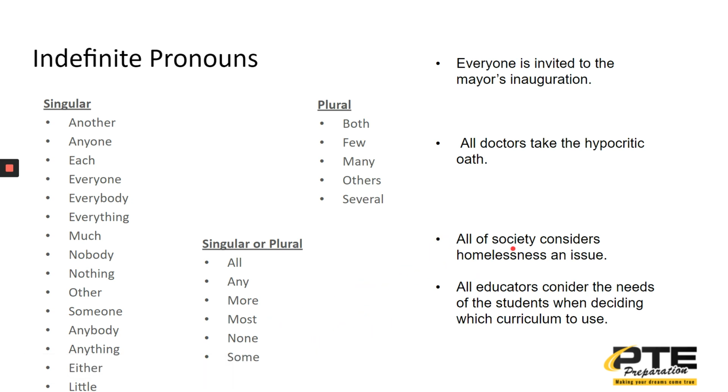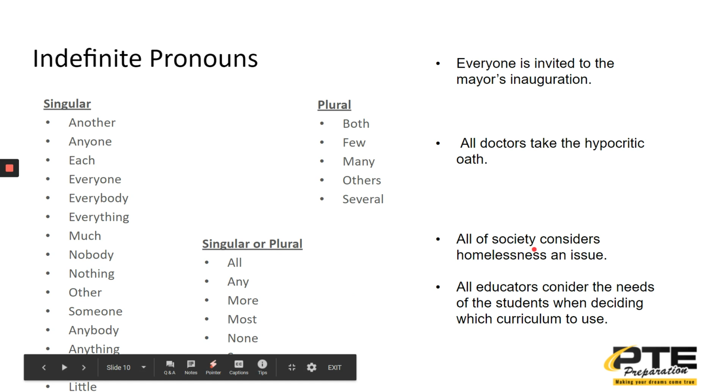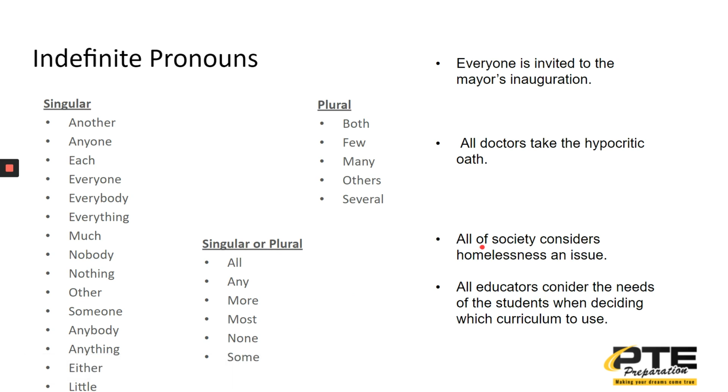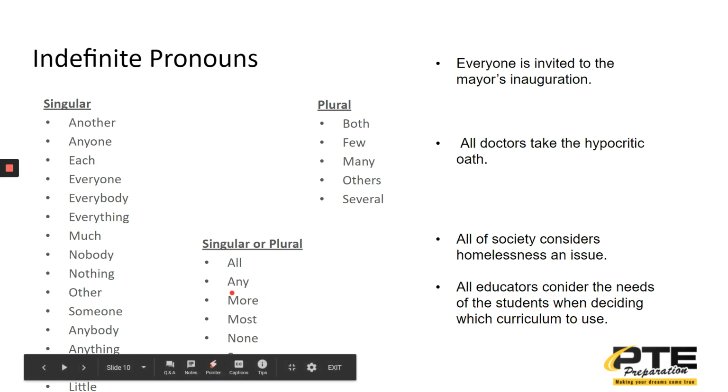So all of society. In this case, society is singular, so we treat all as singular. All of society considers. All educators consider. Because educators is plural, our verb needs to be singular. So all educators consider the needs of students.